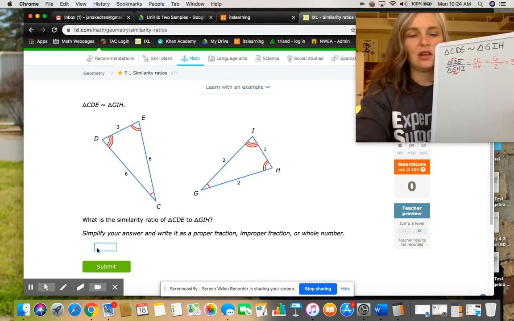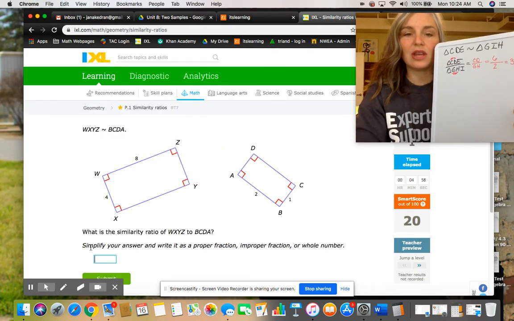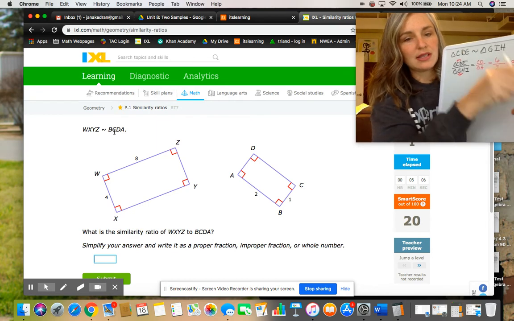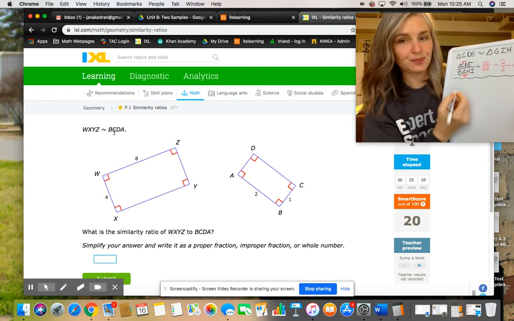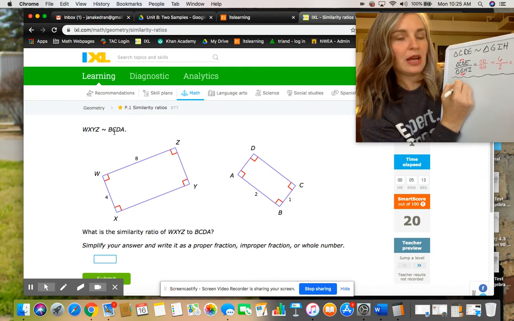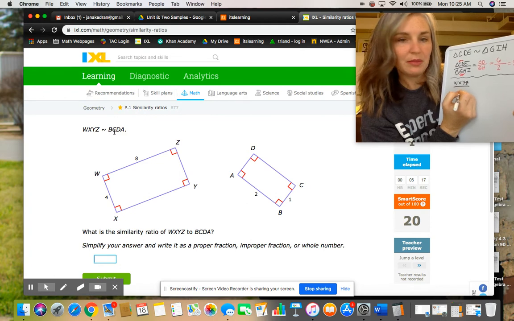So my answer here would be 3. And just make sure that whatever order they give you the similarity statement, you are writing your fraction that way, okay?